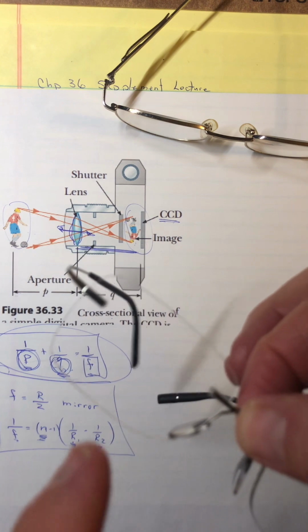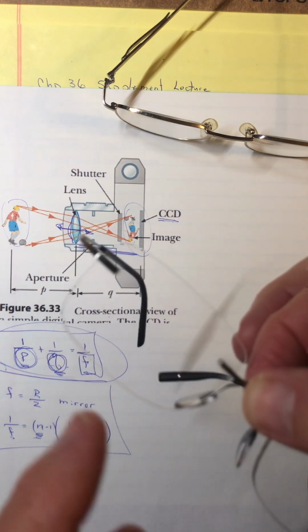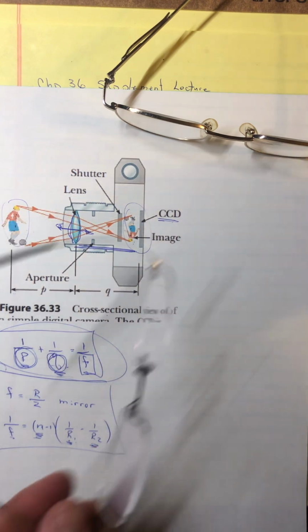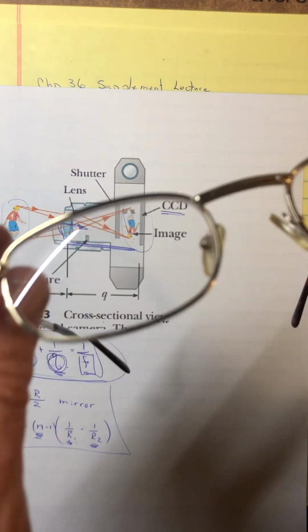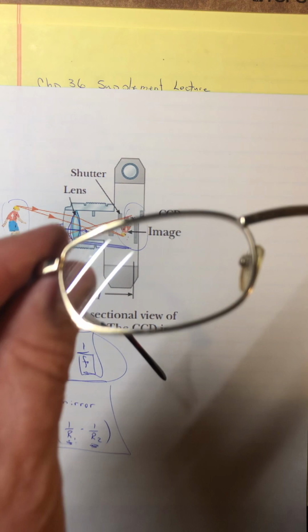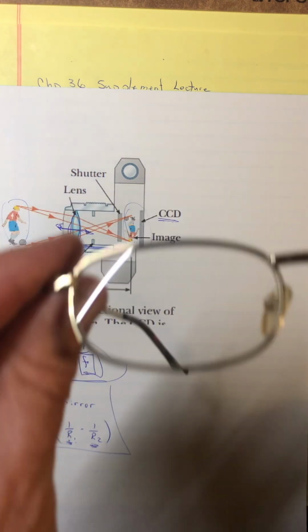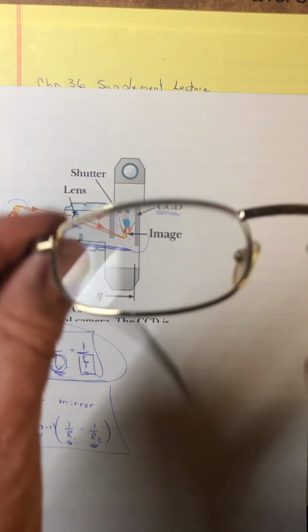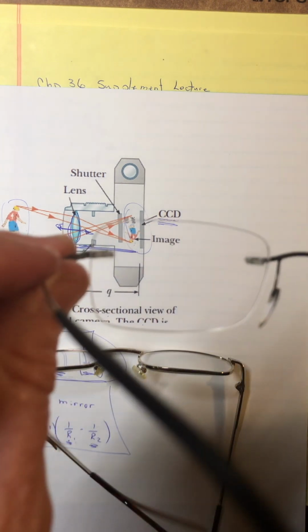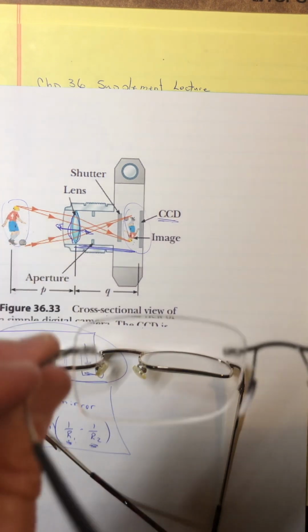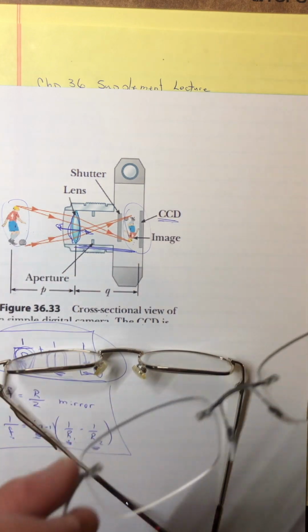The diverging lens, the one I said is the boring one, makes things look smaller and upright, whereas the converging lens makes them look a little bigger. Now you can see that nicely there. Yeah, smaller. But it also looks in the reverse.